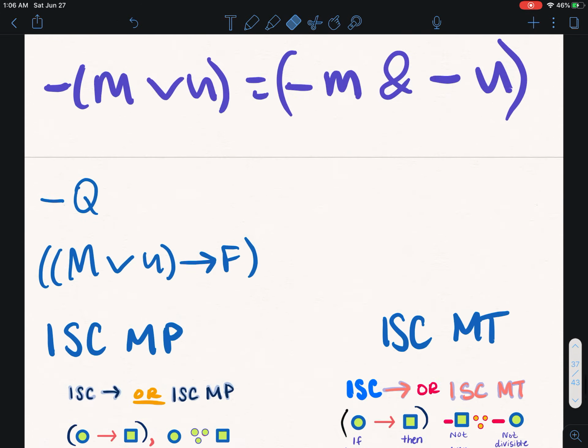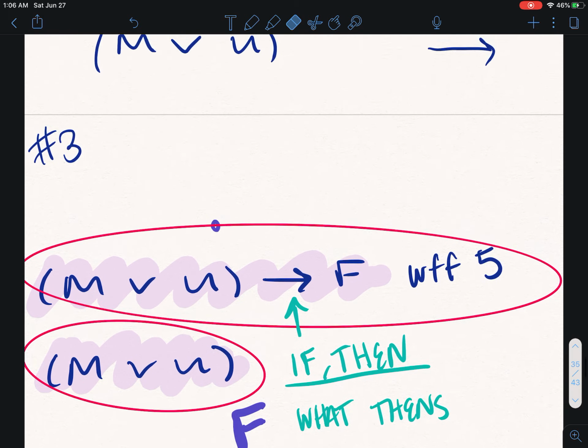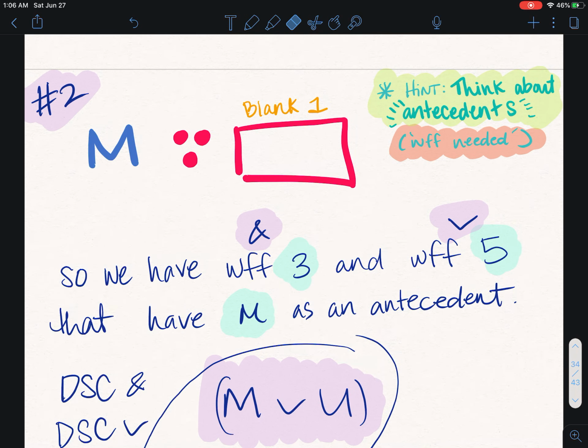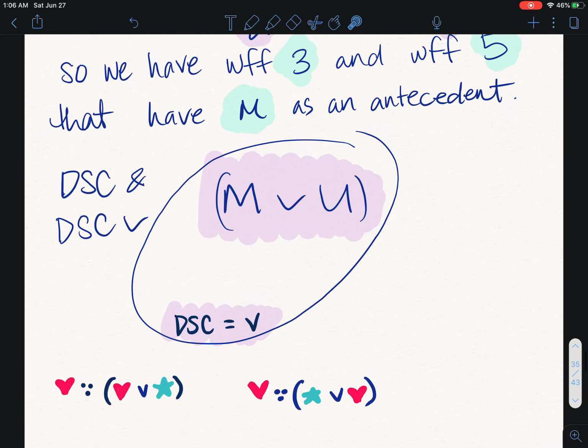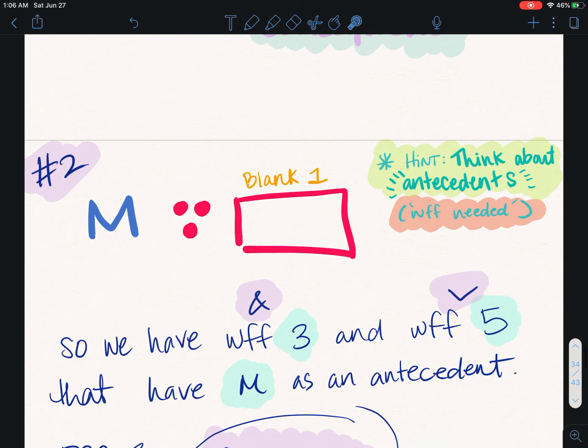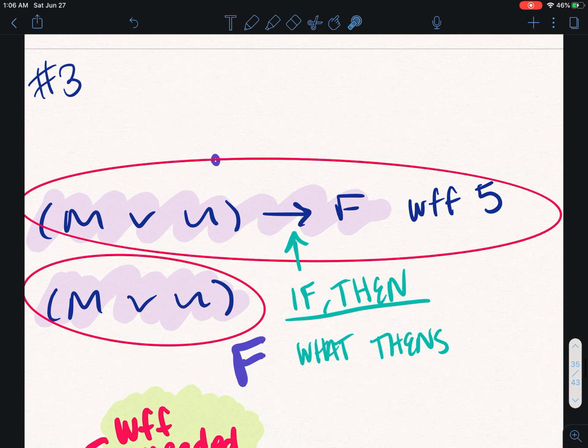Cool. So yeah, when I was messing around with it, this was my thinking process. I was like, think about antecedents, wolf needed. This is what we were looking for. Yeah, that was my logic to number 2. So I'll move on to number 3.